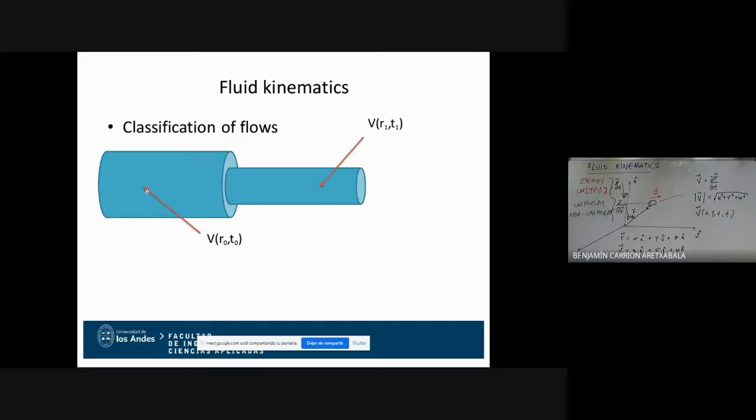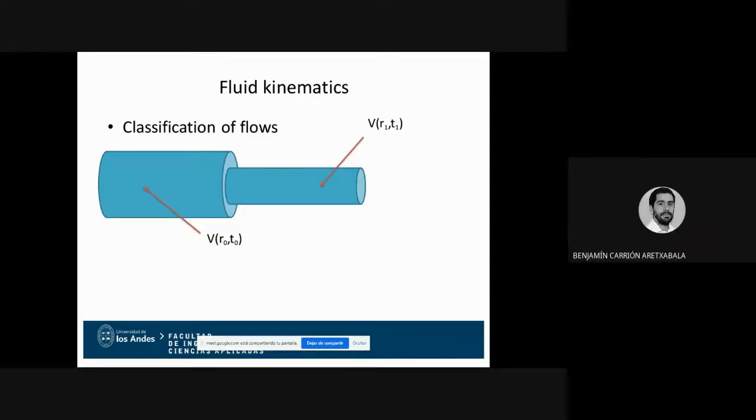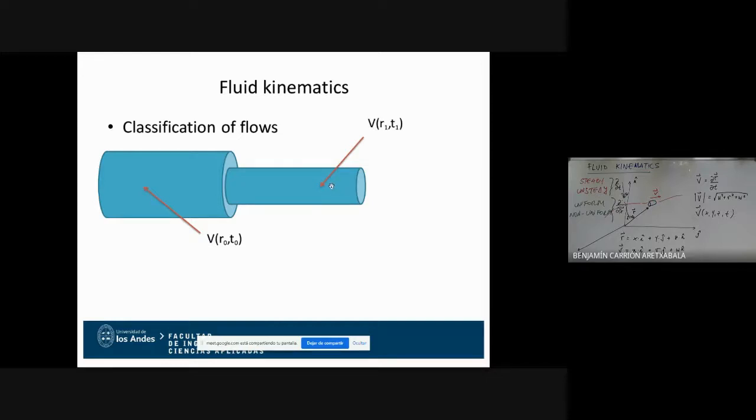And now let's say that you have a pipe that has a reduction. You can all guess that the velocity in the thinner part of the pipe is going to be larger. Again, since the pipe is moving the same amount of water, here the velocity is going to be the flow divided by the area, and here the velocity is going to be the same flow divided by a smaller area.